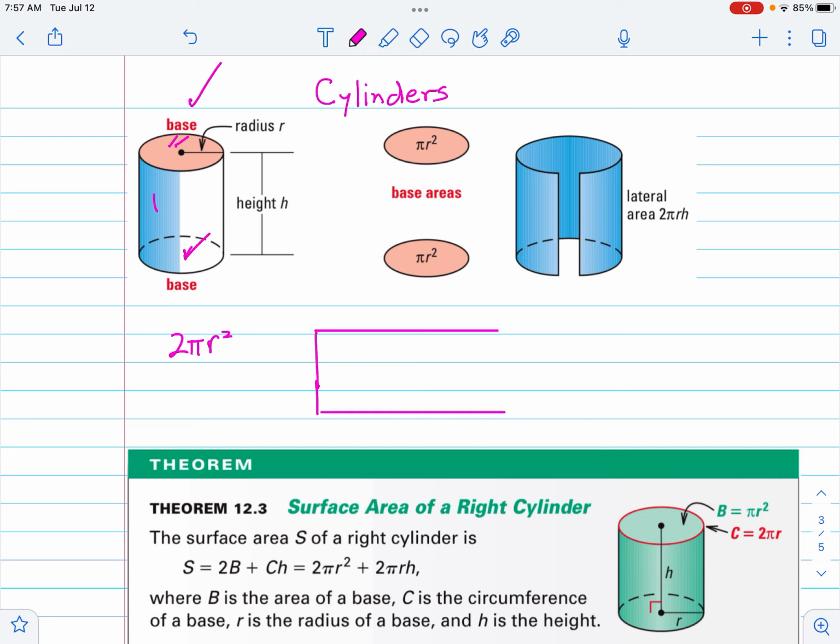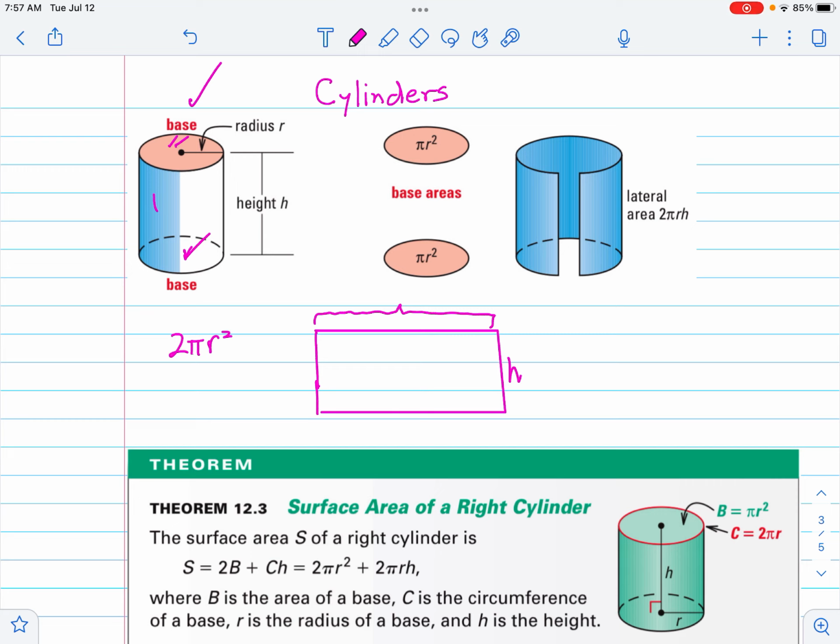So here's the cylinder. Here's the lateral surface of that cylinder. Now notice it's got the height. But the question is, how long is this thing? Well, remember the circumference of a circle is 2 pi r. So this length here is 2 pi r.